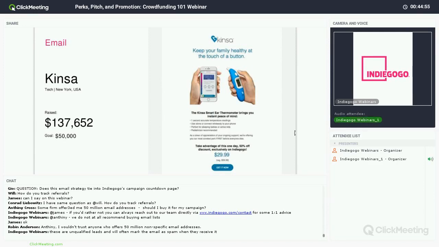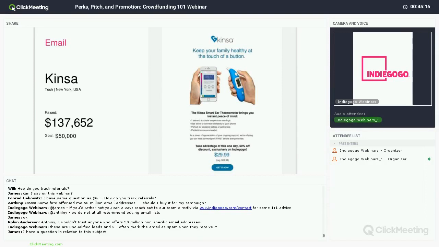And then they go into a little bit more detail. It says, the Kinza Smart Thermometer brings you instant peace of mind. Again, a very compelling sentence. And then it tells you about four of the product features that are really appealing. And then it goes into what the call to action is, which is take advantage of this 1-day 50% off discount exclusively on Indiegogo.